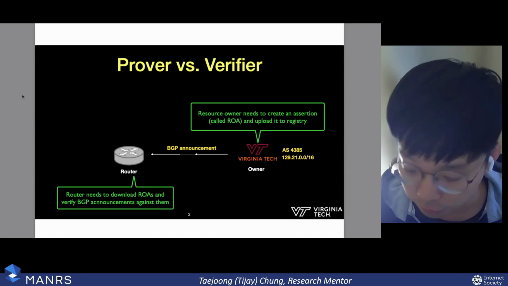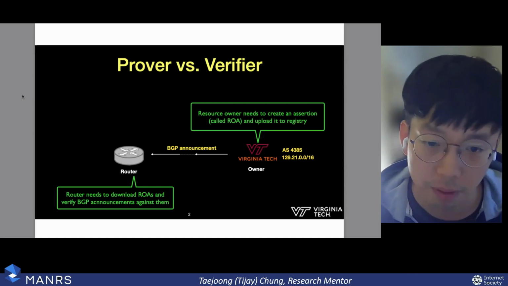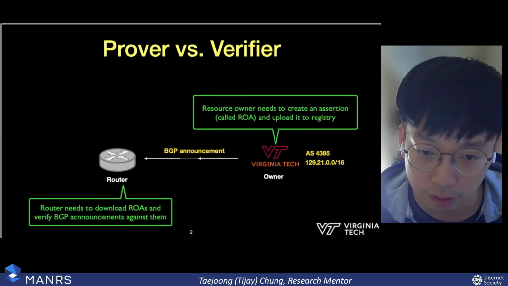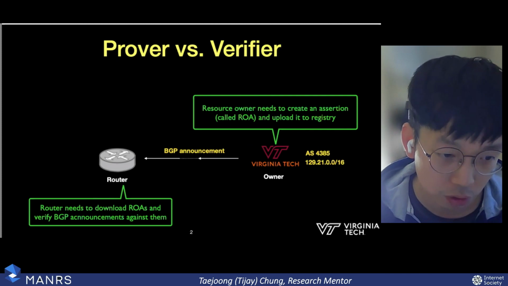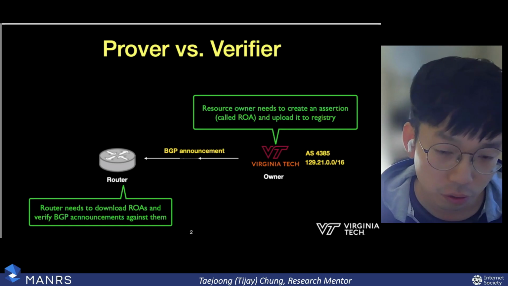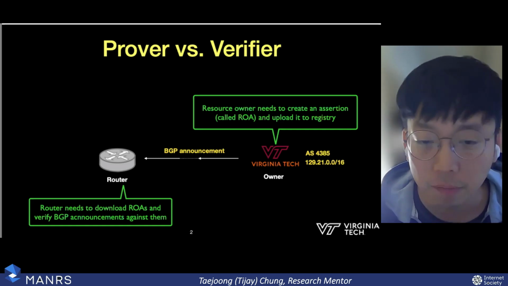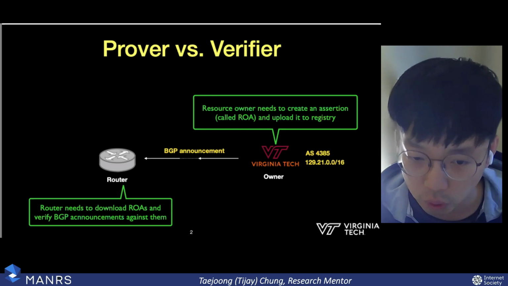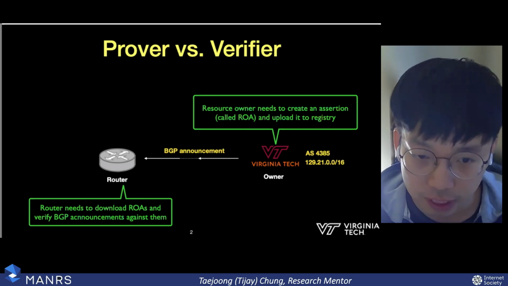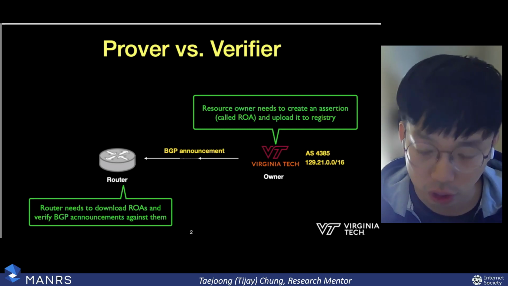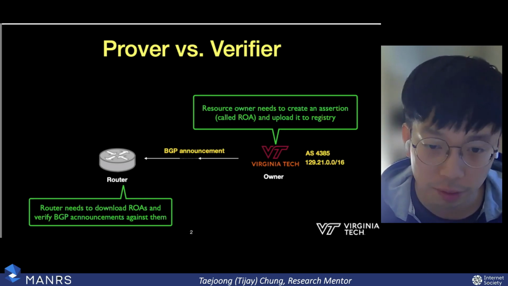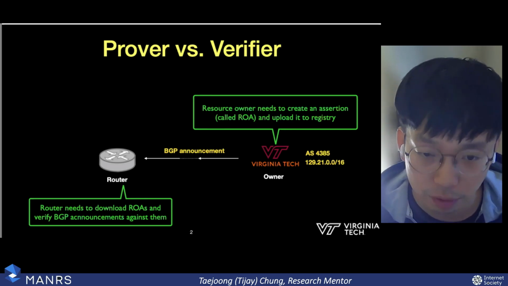For those of you who are not familiar, RPKI basically provides a cryptographically verifiable database for routers to verify all the incoming BGP announcements. There are two roles in RPKI. The first one is the resource owner, for example, Virginia Tech, which has its own AS number and prefix, and has to publish its assertion that, hey, I'm the owner of this IP prefix, and I'm also entitled to announce this IP prefix.